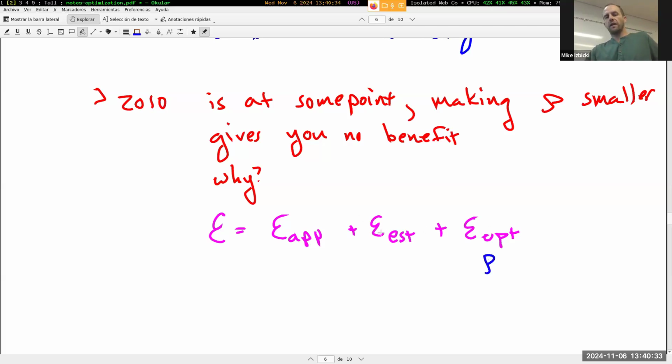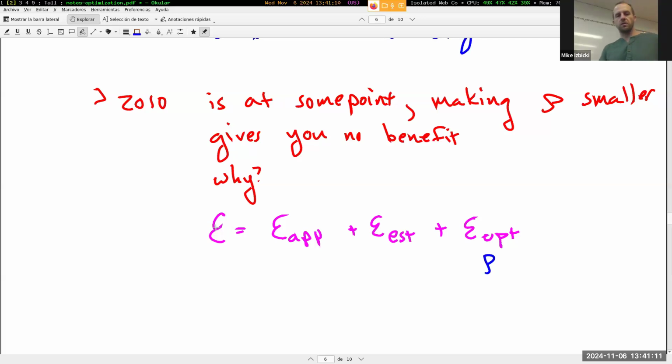And if these two values, our approximation error and our estimation error, are very large for whatever reason, which, as we've talked about in chapters 2 and 3 of the textbook, is very common for our approximation error and estimation error, or equivalently our generalization error and in-sample error, it's common for those to be very large, and making your optimization error rho go significantly smaller than that is not going to improve your generalization error, your out of sample error, in any way.